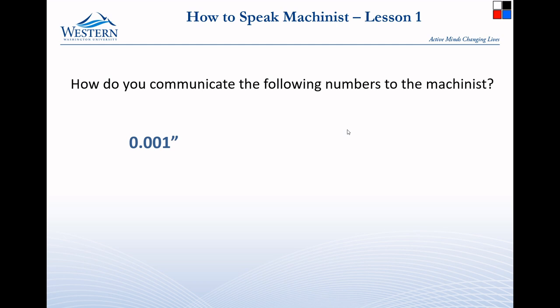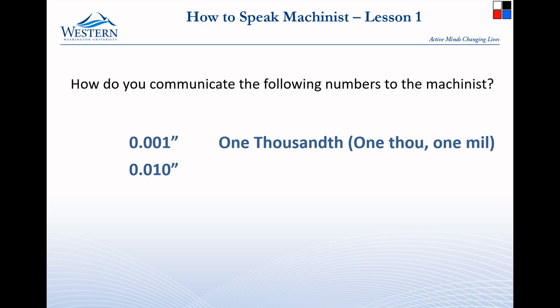People also call it a mil. Please don't ever call it a mil, because the people who work in metric also call things mils, meaning millimeters, and then people get confused and they start fights, and you don't ever want to start a shop fight.